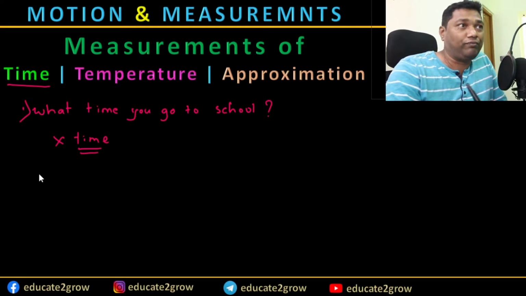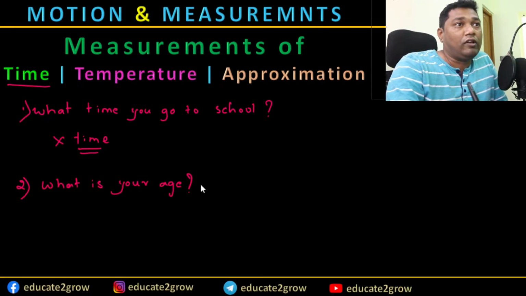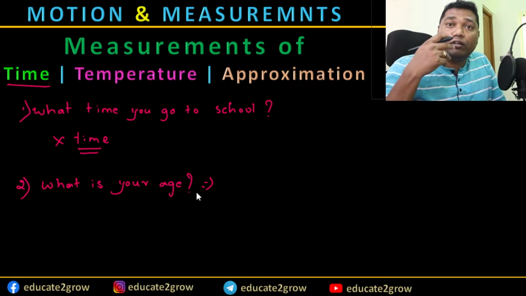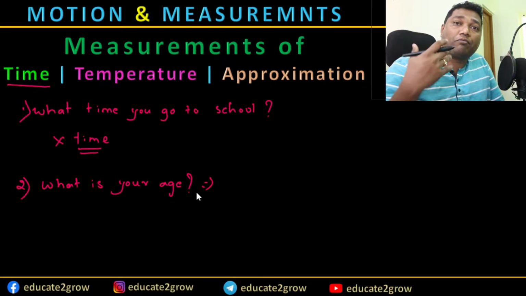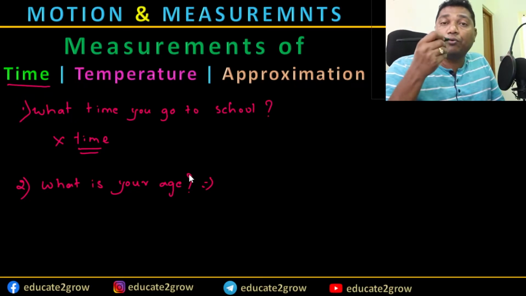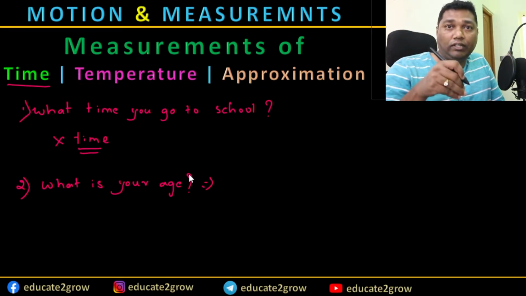Second question: what is your age? This will give you the answer in terms of number of days, number of months, and number of years. You know the date of birth and the current date.